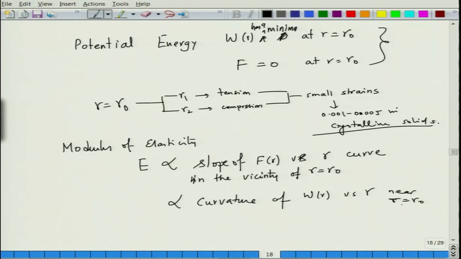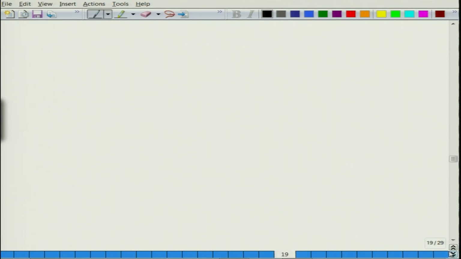Okay. So, essentially you can say that E is proportional to minus of dF by dr, which we can say is also equal to d2W divided by dr2.